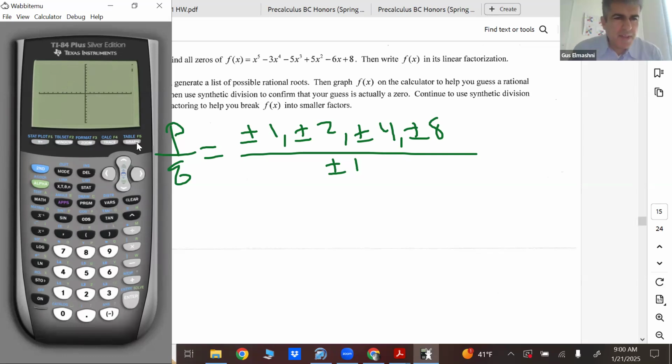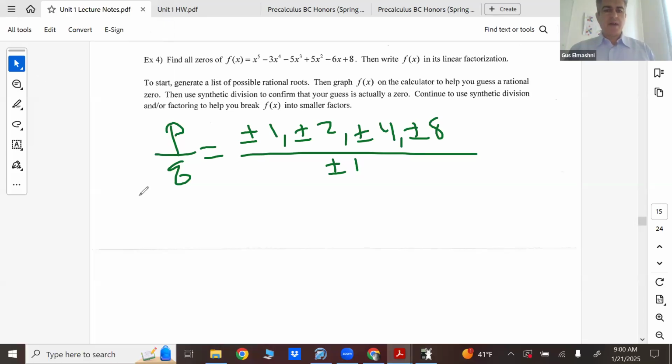Okay, where do you think it's crossing? What do you guys think? -2, 1, and 4, looks like. Yeah. So it looks like we'll have x equals -2, 1, and 4.